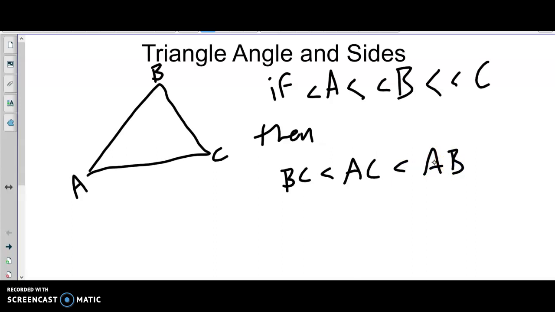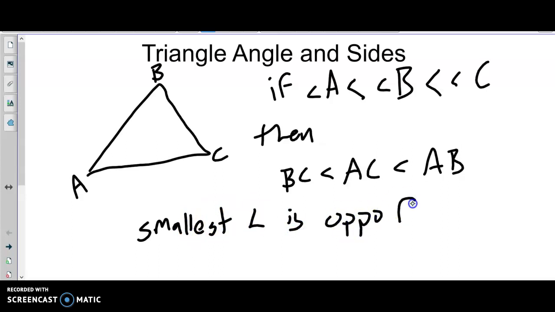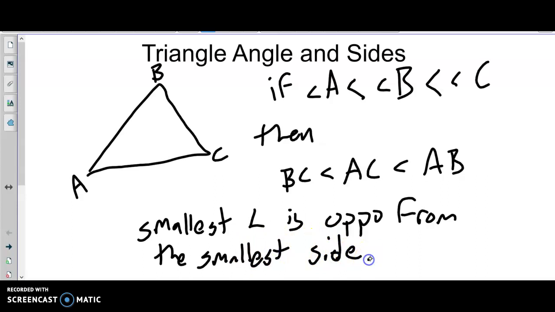So overall, the smallest angle is opposite from the smallest side. That's all we need to think about from there. Sometimes you'll look at variables on other sides, and you'll have to determine what the variable is to understand what the angles are. But overall, the smallest angle is across from the smallest side, and the largest angle is across from the largest side.